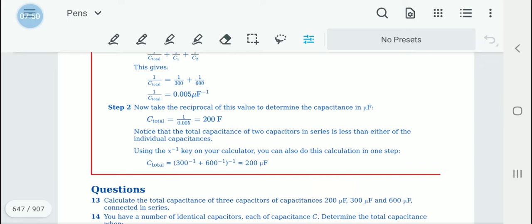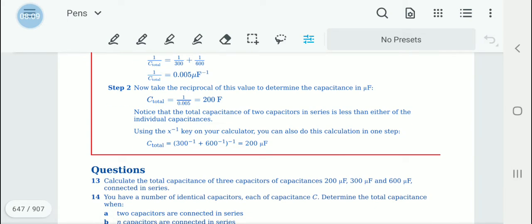Now this is 200 microfarads once again, because the micro part does not magically disappear. Here it is 200 microfarads. They have once again made a mistake of not including microfarad here.